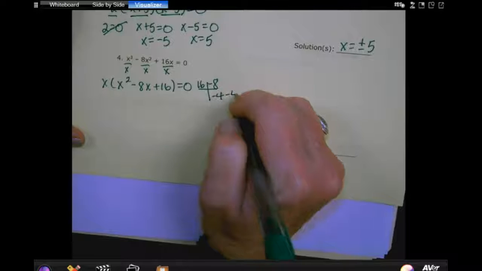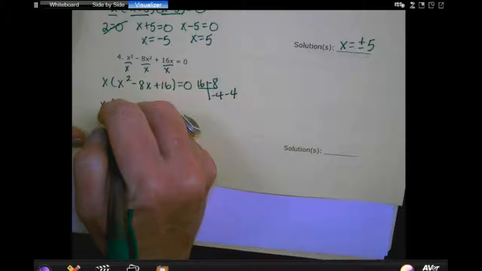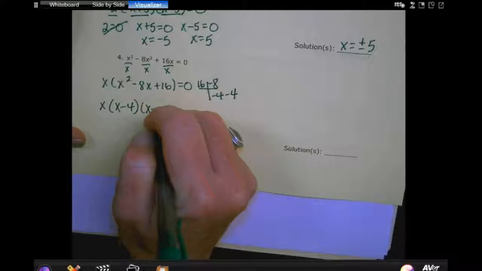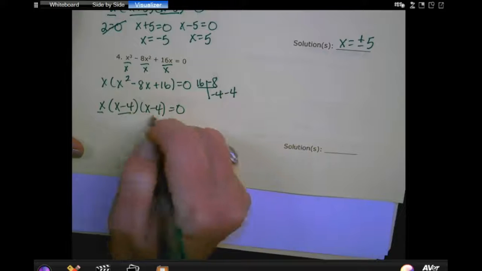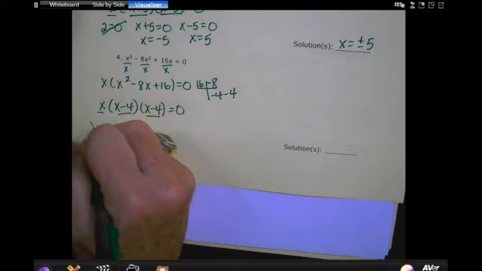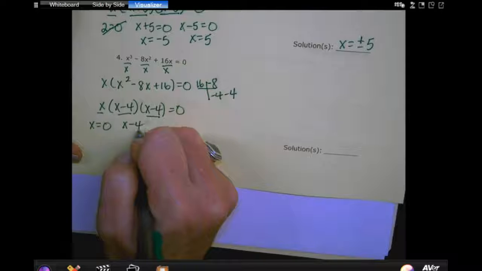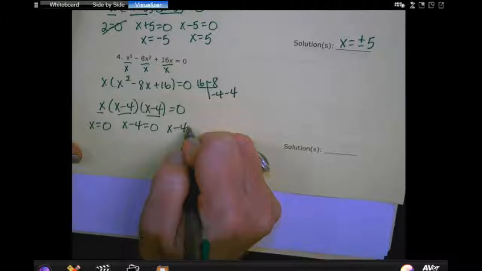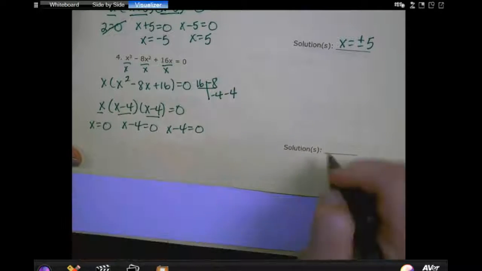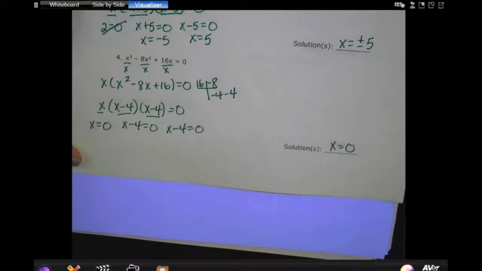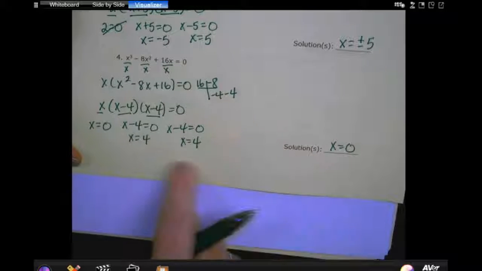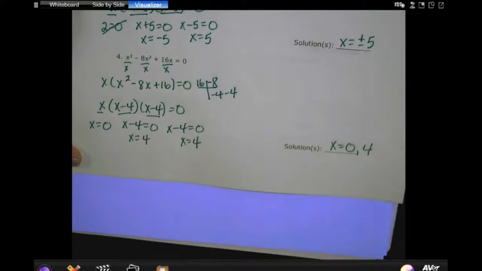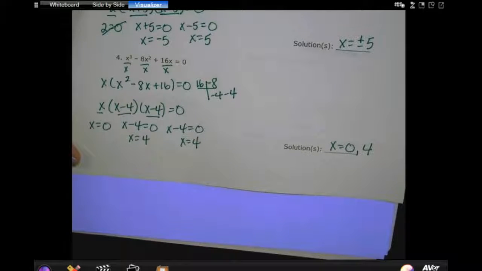Negative 4, negative 4. So I get x times x minus 4, x minus 4. Now this time, you have to set all of them equal to 0, just like last time. So I get x equals 0. So one of my answers is 0. And these are the same, so I just have to write it one time.